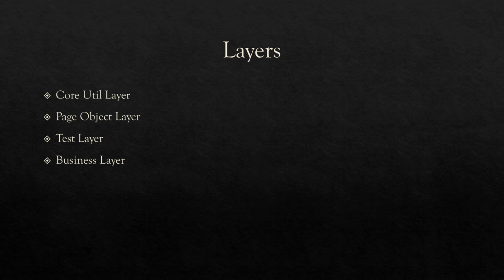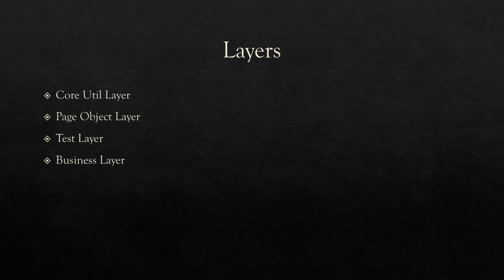Then we have our page object layer that handles the Selenium page object model, then our test layer that we can handle using the TestNG test runner, and then the business layer. In the case of BDD, we handle the scenario files in simple plain English using Gherkin, so that stakeholders can get to know what exactly we are doing in test automation.